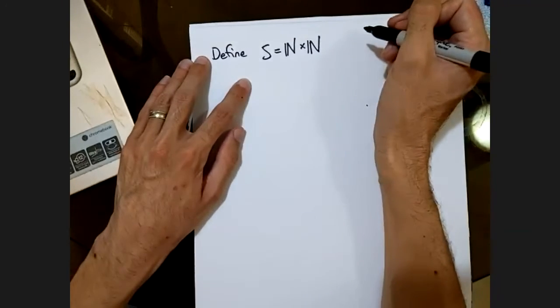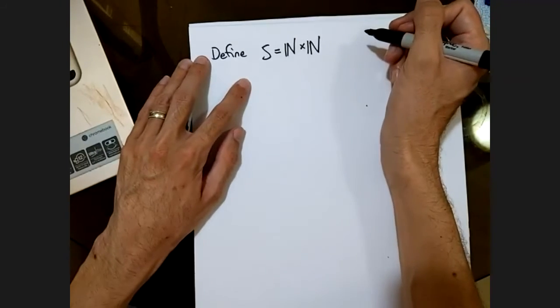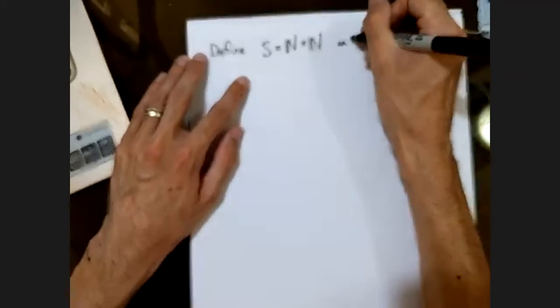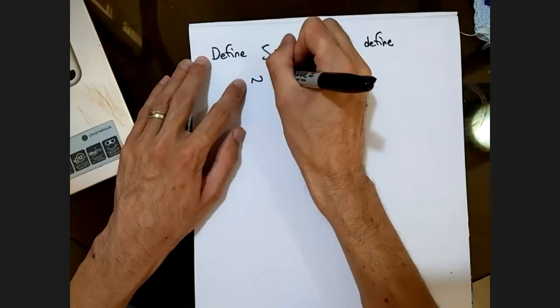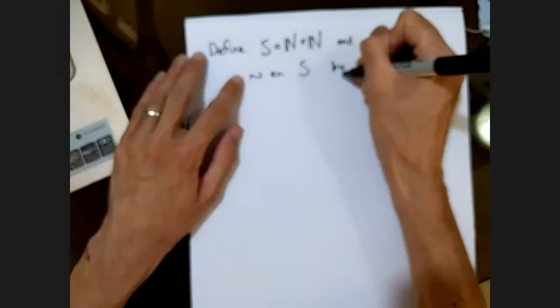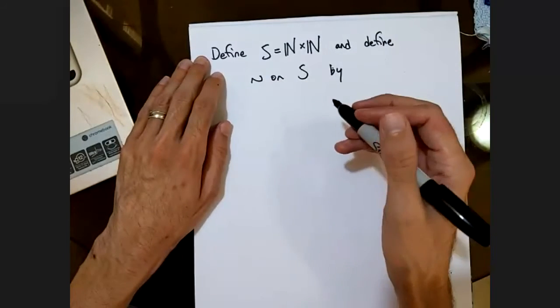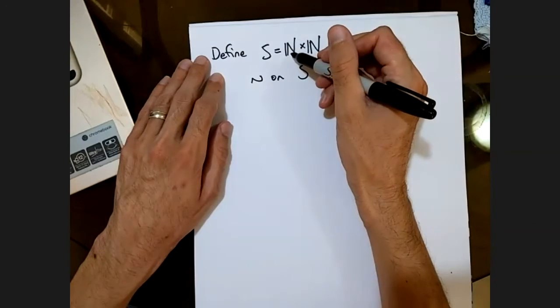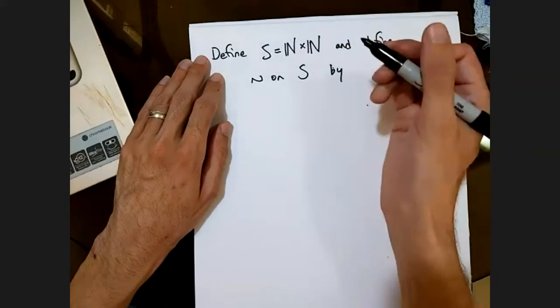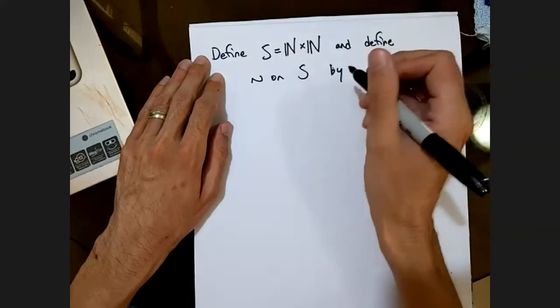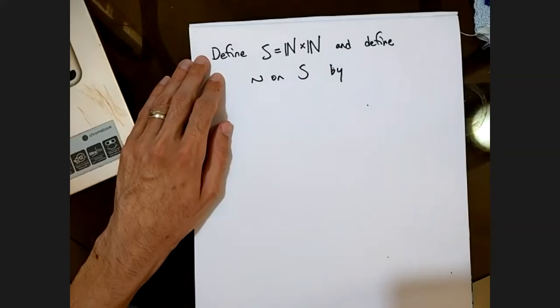And we need to define an equivalence relation on S. So let's call it tilde. And how do we define it? Well, things in S are going to be like differences of natural numbers. So two differences should be the same if they have the same difference.